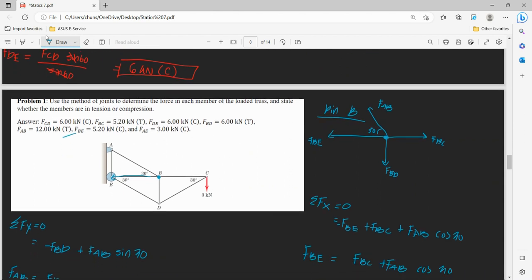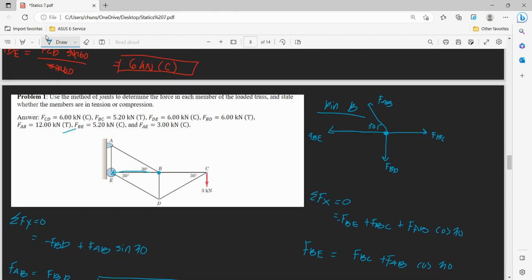Maybe I did something wrong. Okay, I see where I went wrong. This is meant to be negative. Okay, so now if we do that, there we go.